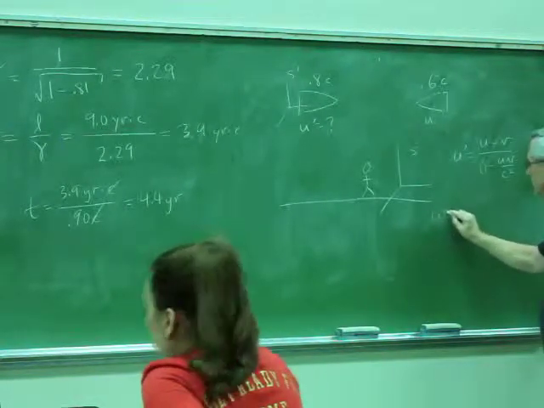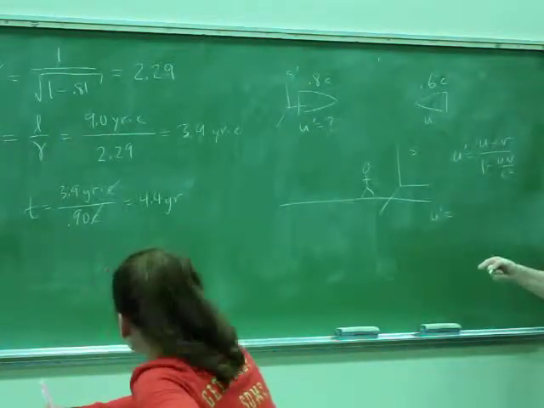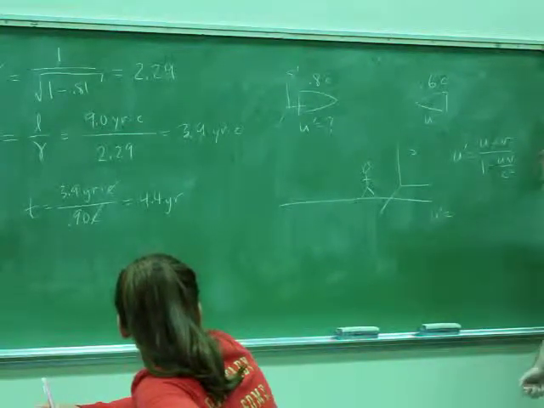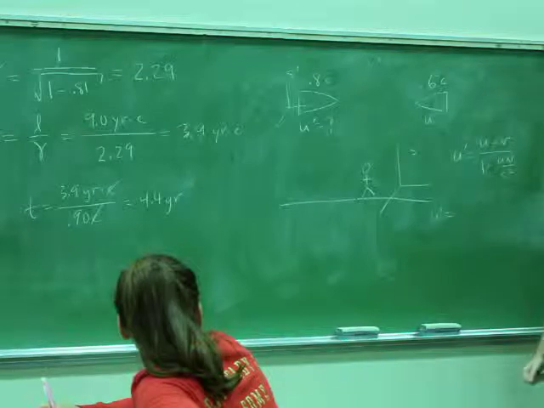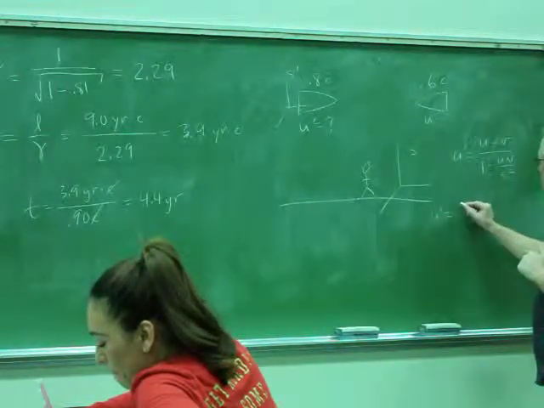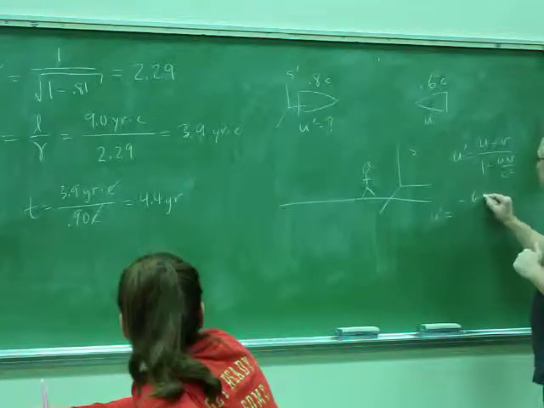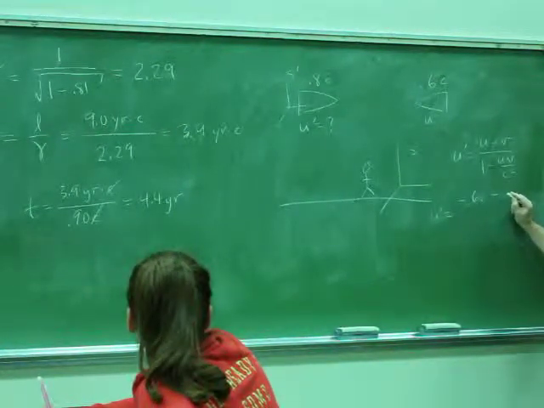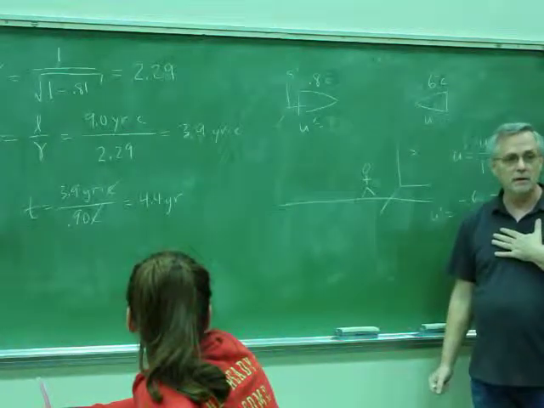Let's plug numbers in. What is U in my frame? Be really careful. Negative 0.6. Negative 0.6 C, right? It's a velocity, so we indicate direction by the sign. Negative 0.6 C minus V. And what's V? It's a logical thing.